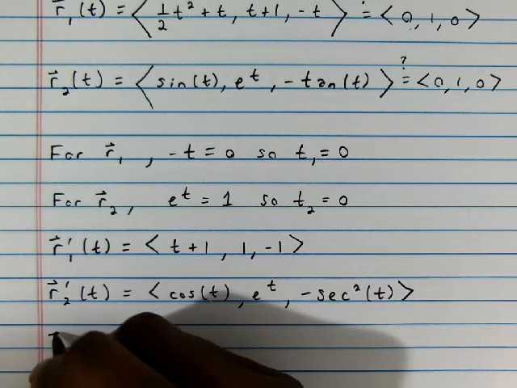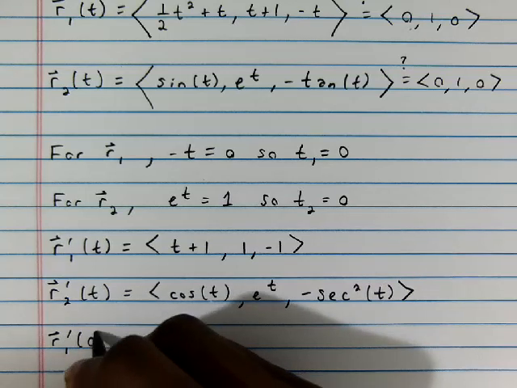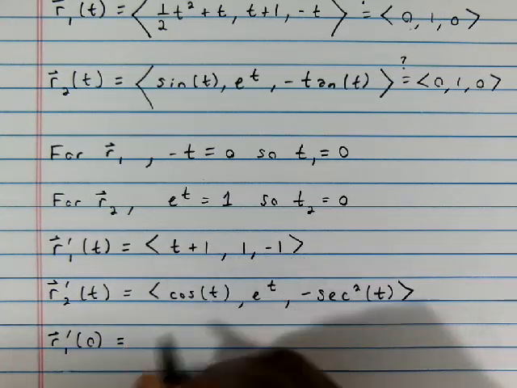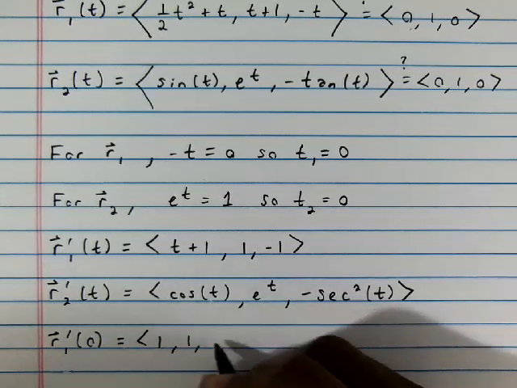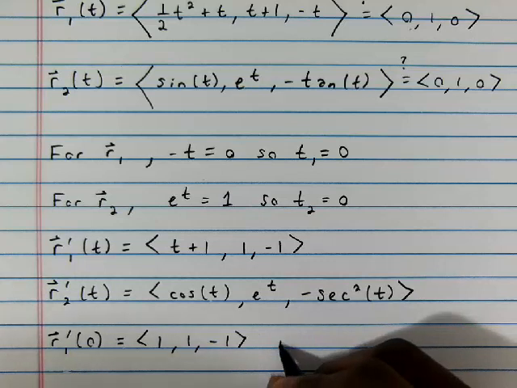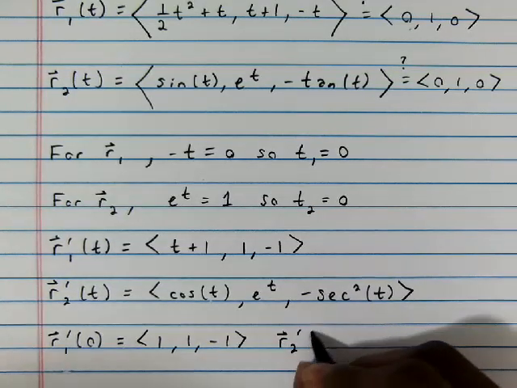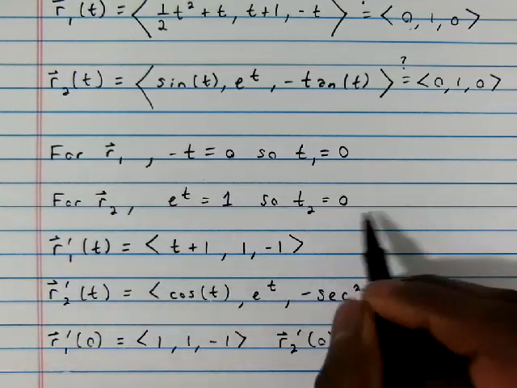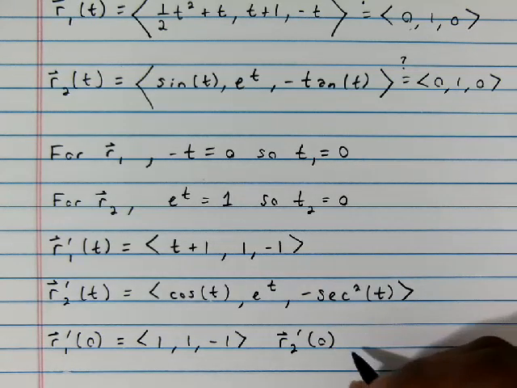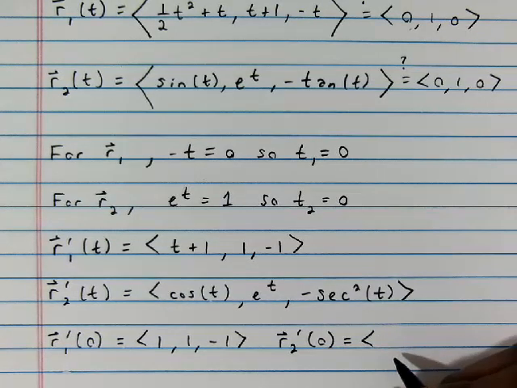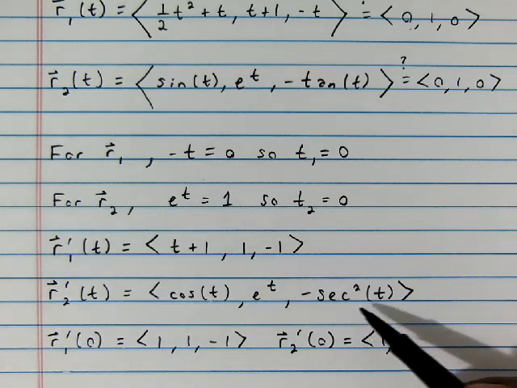So r1 prime of 0, we put 0 in here, we get 1, 1, negative 1, and then r2 prime, we put 0 in there. Remember, had we gotten two different values, we would be putting in two different values, but we just happen to get the same value here. We put that in, and cosine of 0 gives us 1, e to the 0 gives us 1 as well, and then secant squared of t.